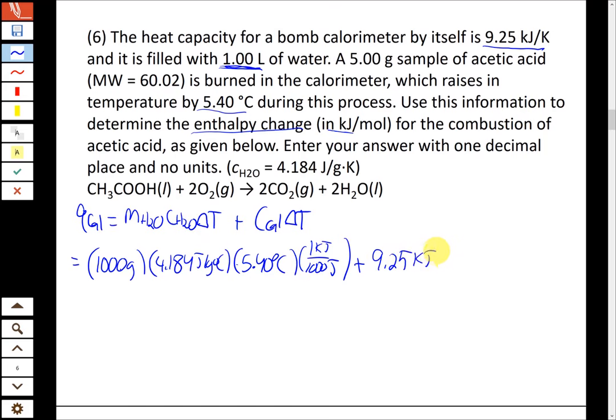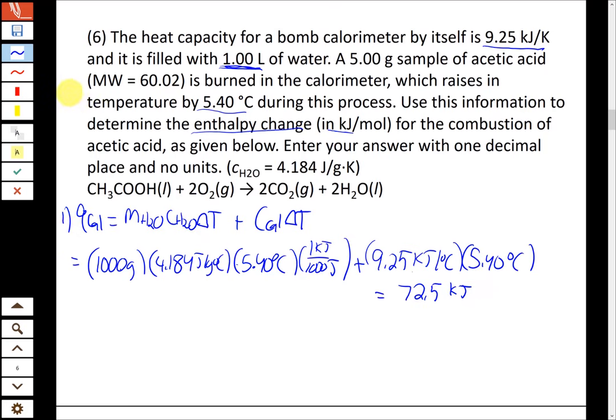Again, we can rewrite it as kilojoules per degree Celsius because it's in terms of delta T, so it can be in Celsius or Kelvin. It's already in kilojoules, so we're not going to have to do any further conversion. We just multiply it by the delta T. So that will give us both terms in kilojoules, and then we can add them together to find heat for the calorimeter is 72.5.